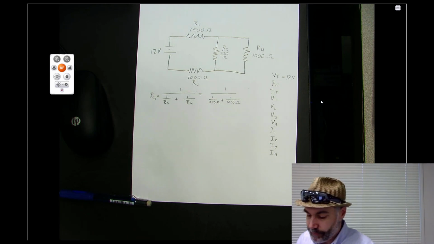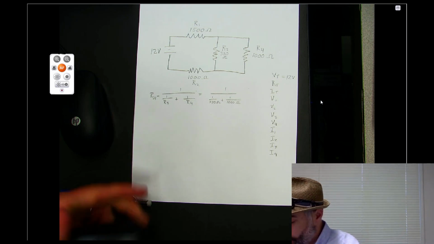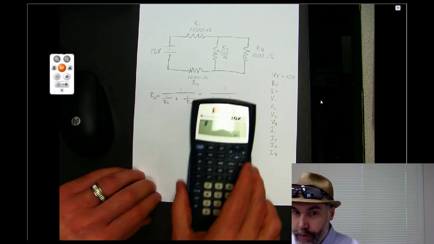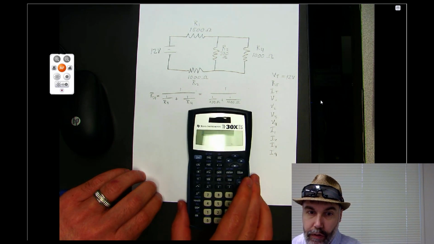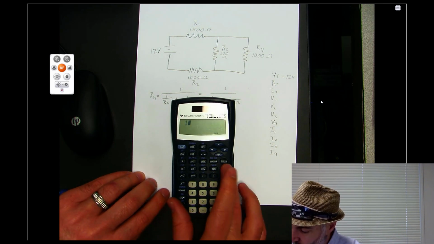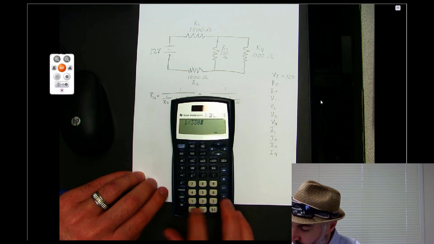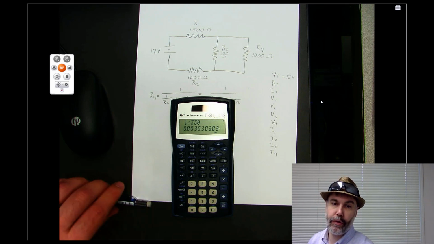Let's see. Okay, so I would say 1 divided by 330, so that's 0.00303.